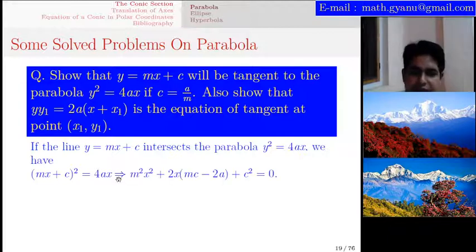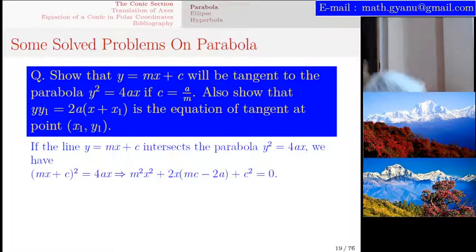After simplifying this equation, you will reach this form: m square x square plus 2x times mc minus 2a plus c square. I hope you are familiar with algebraic expansion, so you will be able to derive this form simply by expansion.